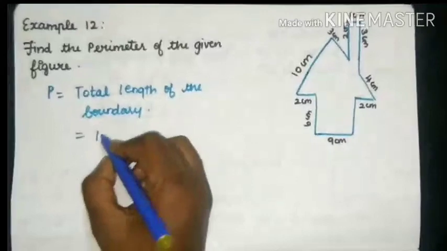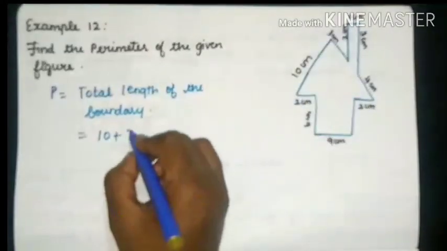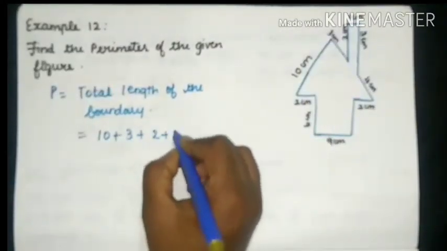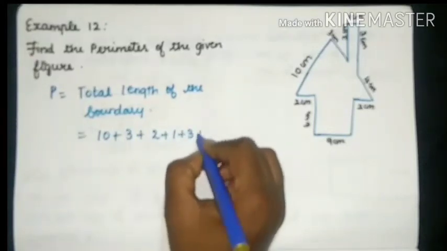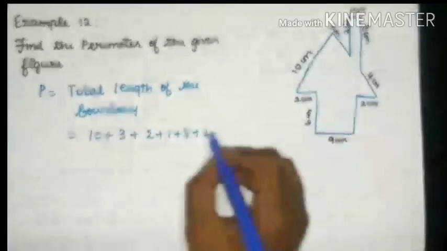That is 10 plus 3 plus 2 plus 1 plus 3 plus 4 plus 2 plus 9 plus 6 plus 2.